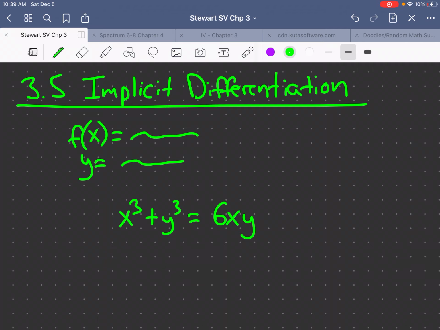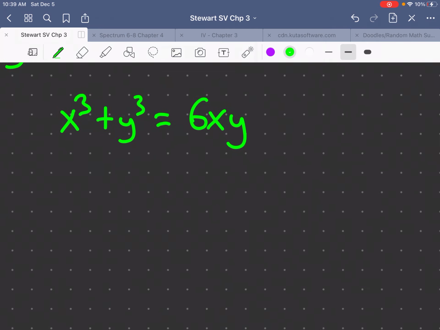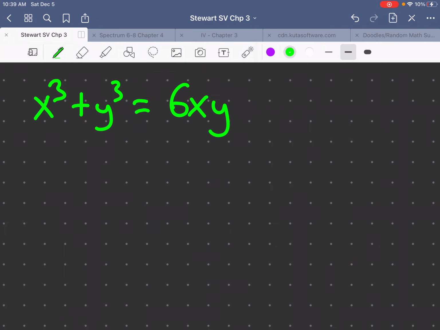So rather than trying to do that, we're going to do implicit differentiation. We take the derivative of x's just like we did for anything else. The only difference is that we treat y the way we do x's, but we have to keep in mind that y itself is like a function of x.